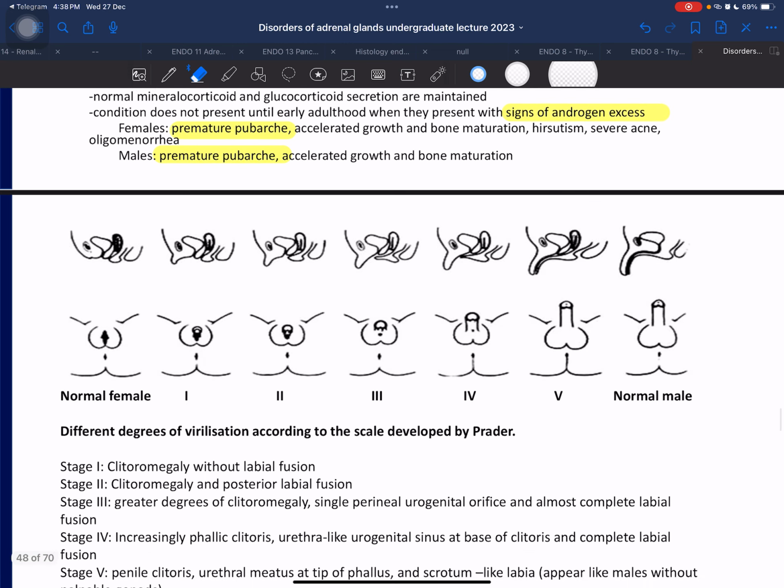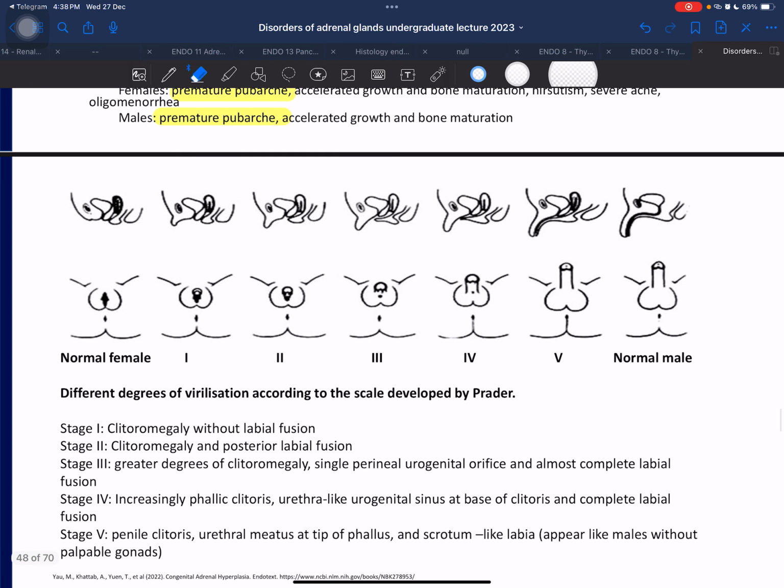In females, when you see a patient who has accelerated growth and bone maturation for their age, hirsutism, acne, you know all these things, premature puberty. In males, premature puberty, accelerated growth. All these are signs of androgen excess, which can only be detected when a patient has achieved adolescence. That's why some of the cases of non-classic CAH are detected only when a patient is much older. Okay, unlike the complete ones, the classical ones, they are usually diagnosed at birth. Alright?